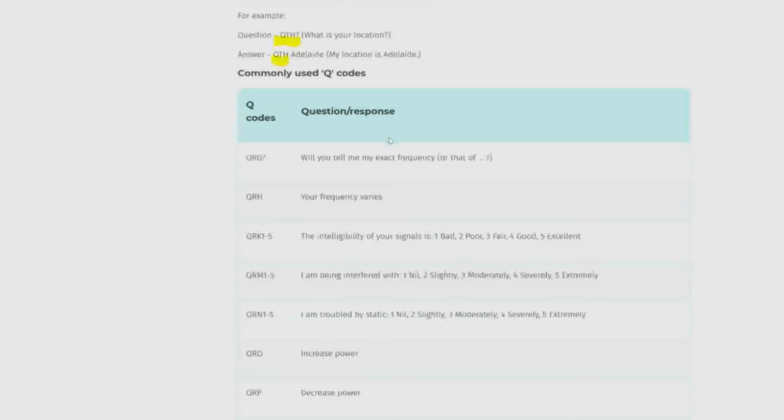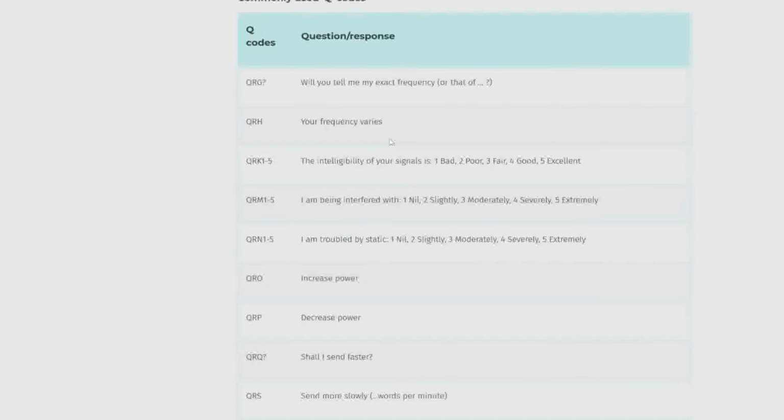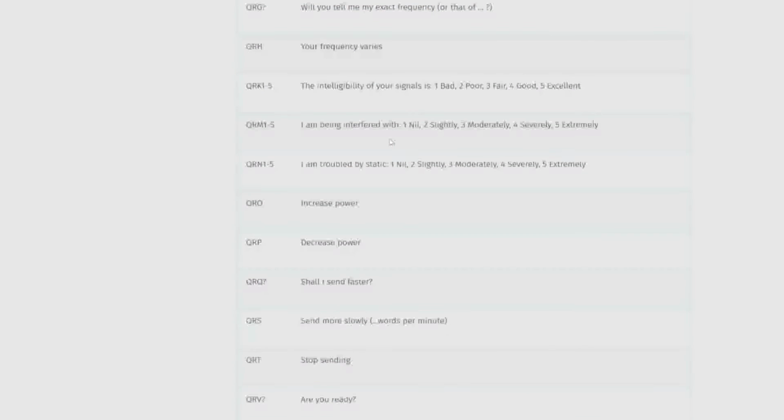And here we have on this page some of the common Q codes. Now, there really are over 200 different Q codes, but there's only about 20 listed for amateur radio. And of those 20, there are only about 6 that are commonly used. I'll just have a look through here to see which ones.